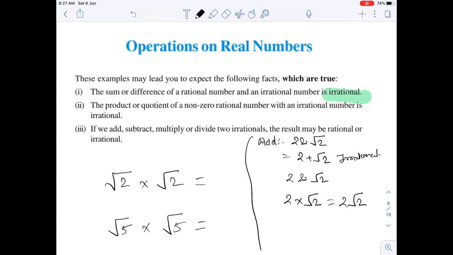In short, I am writing here that addition, subtraction, multiplication or division of a rational number with an irrational number, our answer will always be an irrational number.